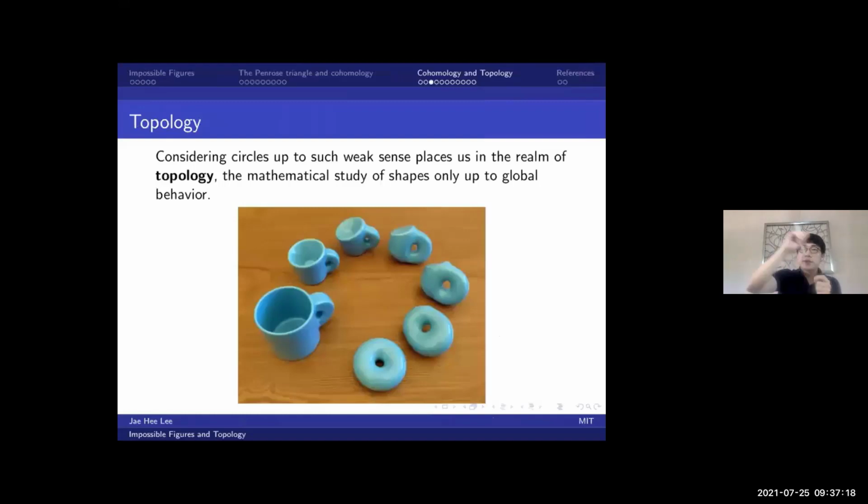The only thing we care about is the global behavior, that this is a one-dimensional object that closes up. And classification up to such a weak sense gets us to the realm of topology. That's just a name for the mathematical study of shapes and spaces, only up to this globally interesting behavior. So I brought this nice little picture where you compare a coffee mug and a donut.